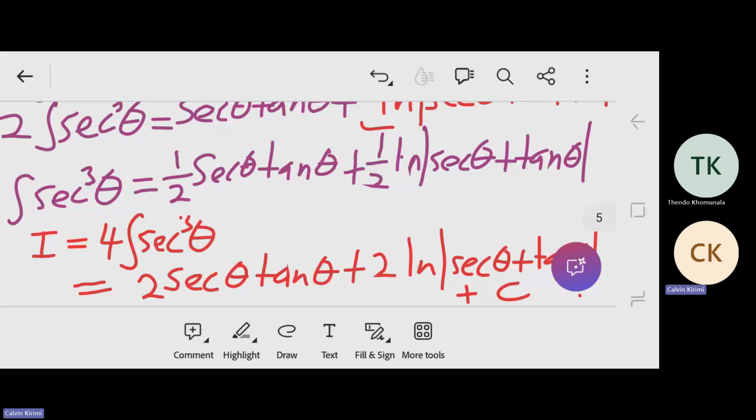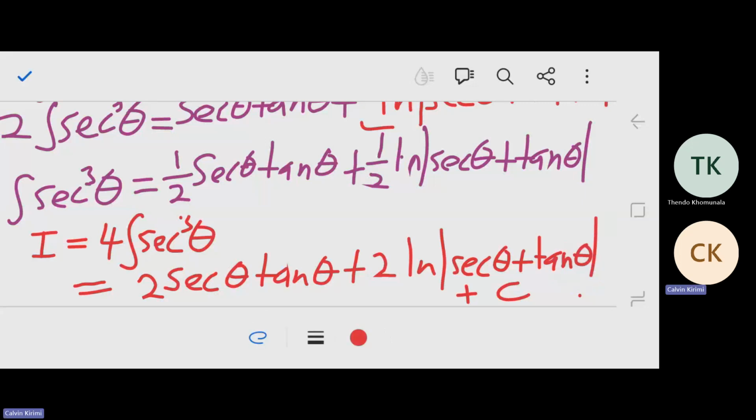So after this, you convert now to x. You have to convert theta back to x.